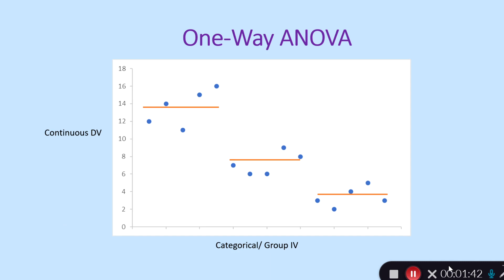Okay, so just a quick recap. When we covered 1-way ANOVA, we were able to depict our data as shown on this particular figure. So we had a categorical variable, our independent variable, on the x-axis, the horizontal axis, and we had a continuous dependent variable on the y-axis, or the vertical axis.